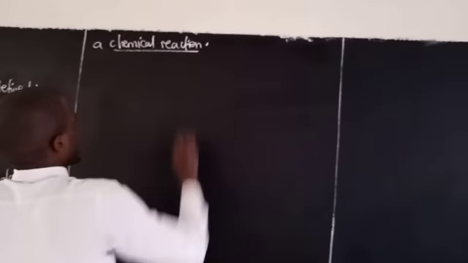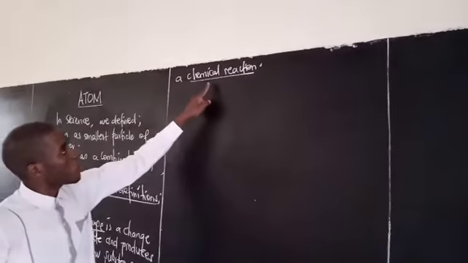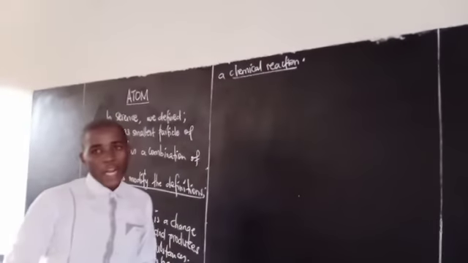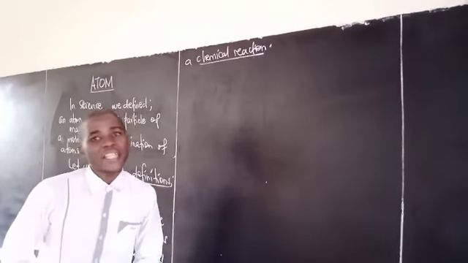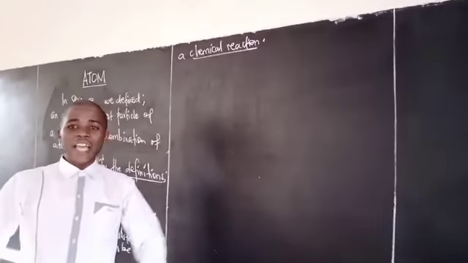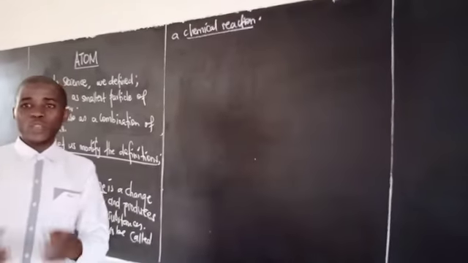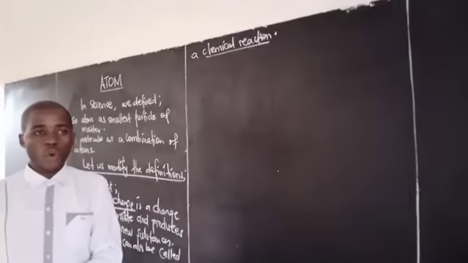For any chemical reaction to take place, I'm sure you can name several examples of chemical changes which we are going to keep calling chemical reactions. But for any of those examples that you can identify, without an atom, those changes cannot take place. In other words, it is an atom that combines with other atoms for a chemical change to occur.